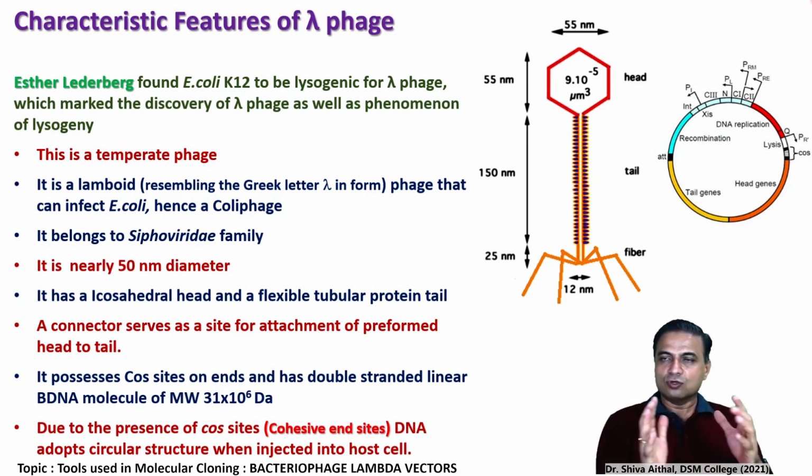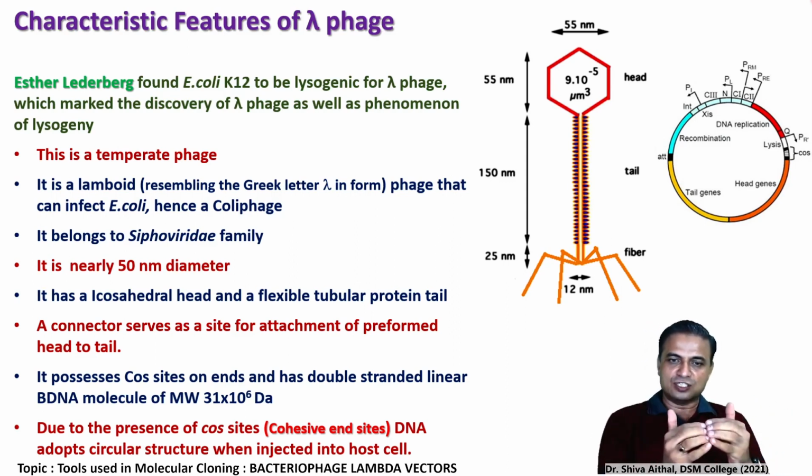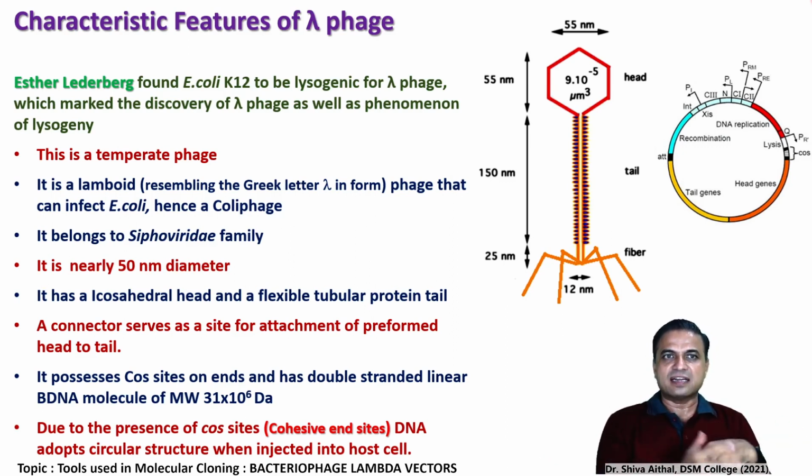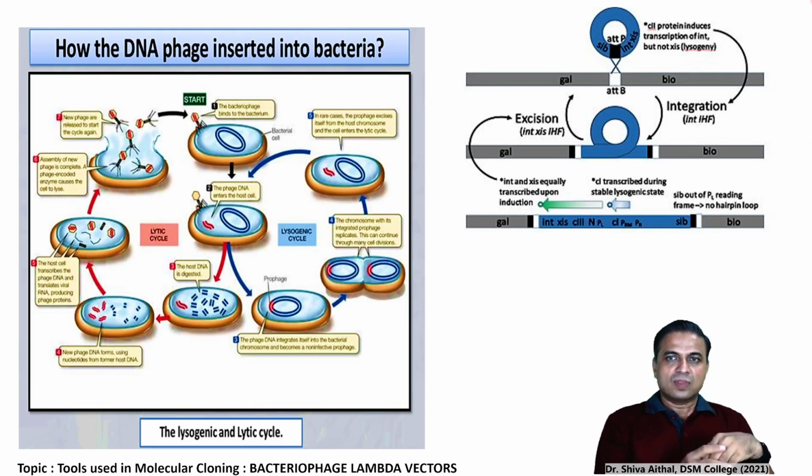And as I said, due to the presence of cos sites, the cohesive end sites, the DNA adopts a circular structure when it is injected into the host. While using it as a molecular clone in recombinant DNA technology, you can make it linear also. These are some of the characteristic features of lambda phage.